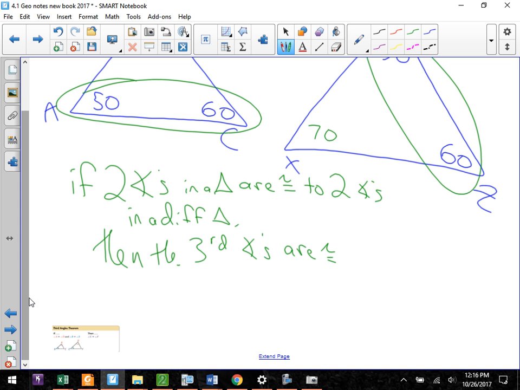If we do come across something with a proof, which we will, we'll make sure we put it in our progression sheet, but this is more of an algebra thing that you'll see. So again, if you've got two angles that are congruent between two triangles, that means the third angles between the two triangles are also the same. Because it has to be. Because math won't math otherwise.